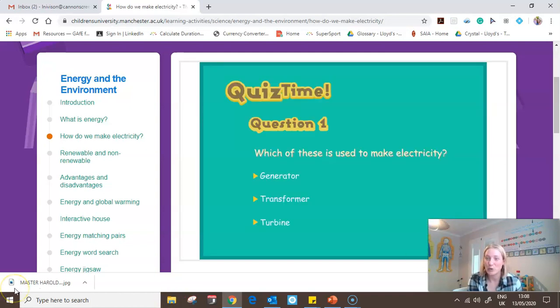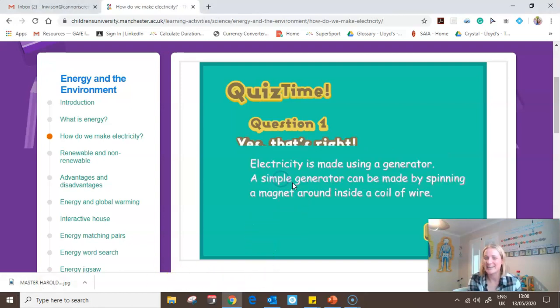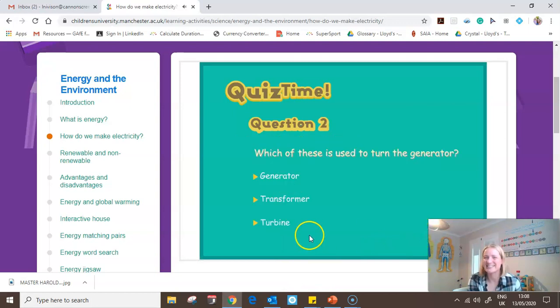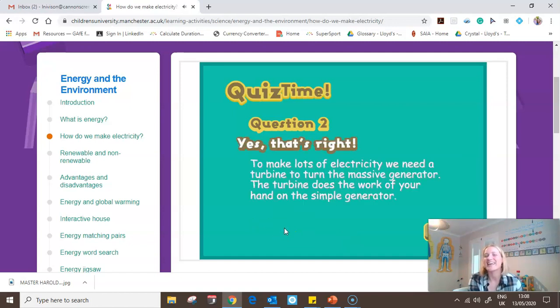Okay, quiz time. Which of these is used to make electricity? Well done, it is a generator. Which of these is used to turn the generator? It is a turbine.